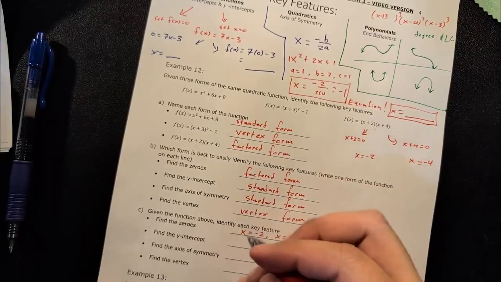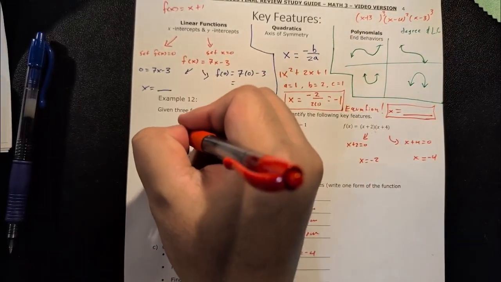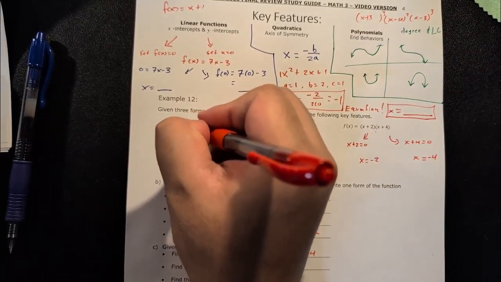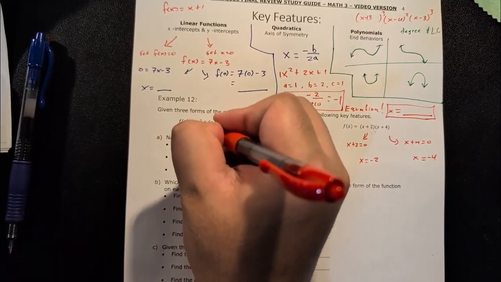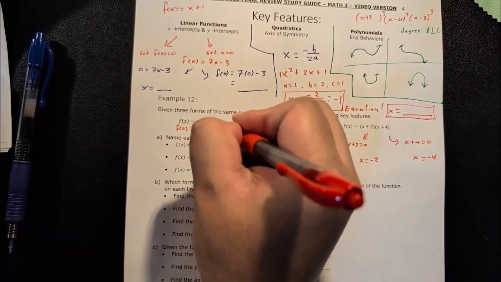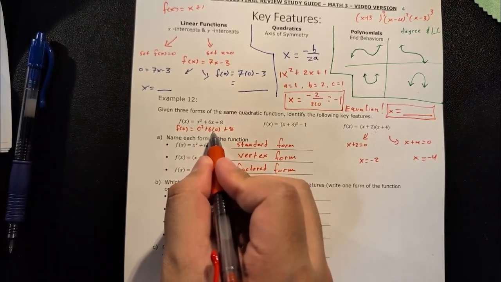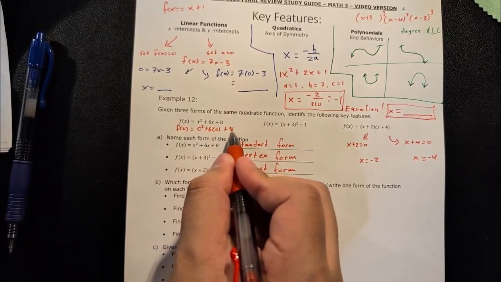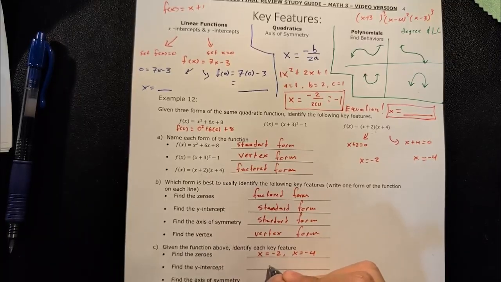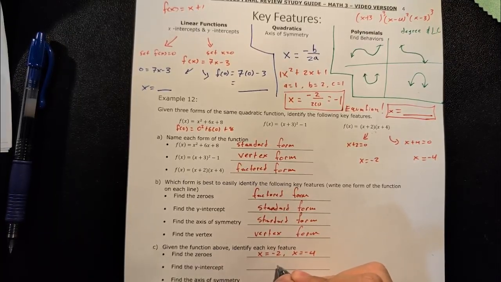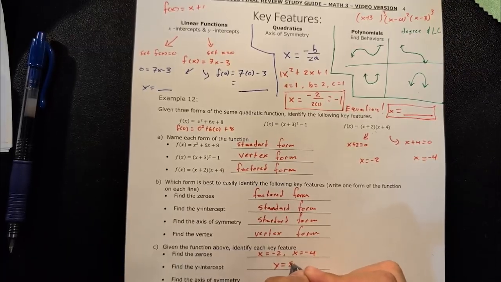Here, we're going to use this one. So we're going to plug in f of 0. This is 0 squared plus 6 times 0 plus 8. This is all 0 plus 8. So our y-intercept is y equals 8.